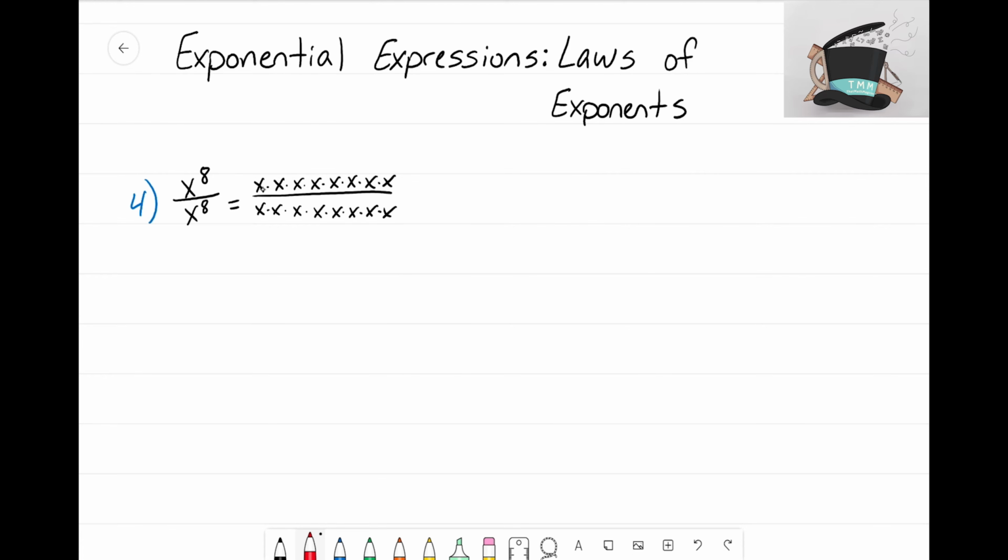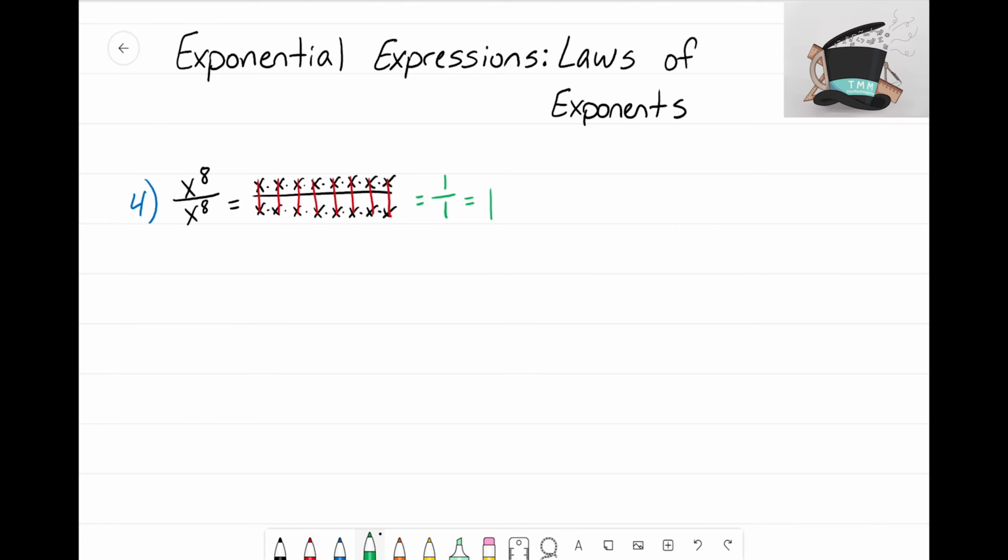Hopefully we can see that all of these reduce to ones, so every x gets canceled out, and we're just left with 1 over 1. And 1 over 1 just reduces to 1.